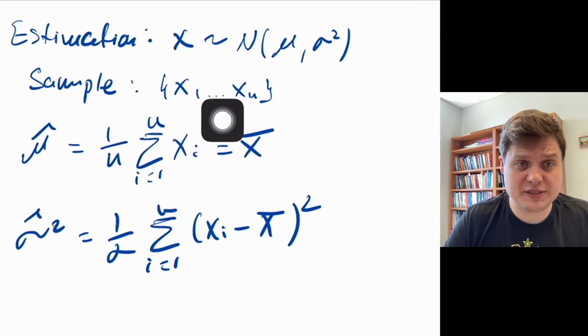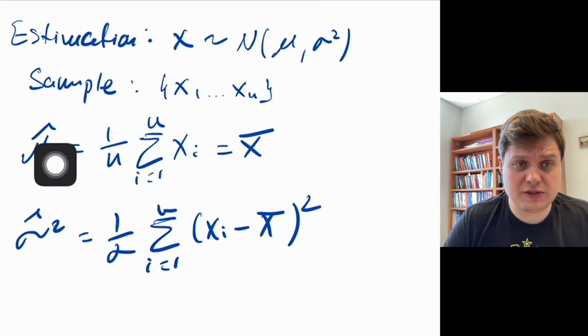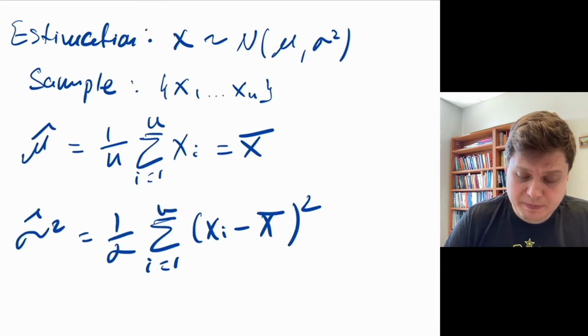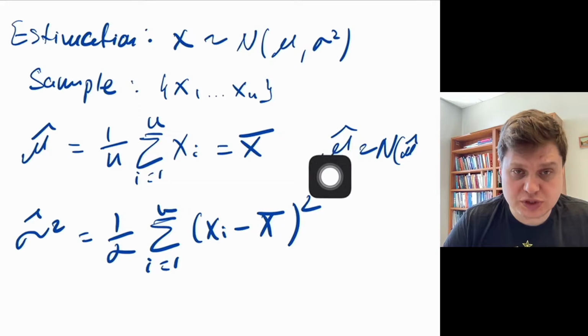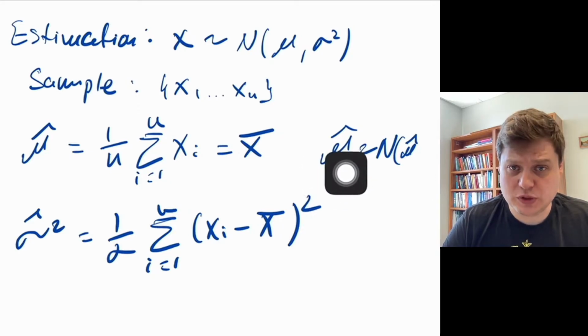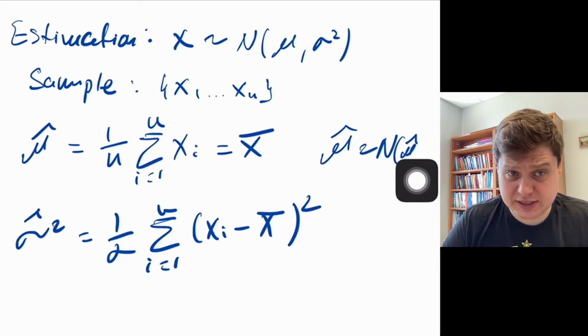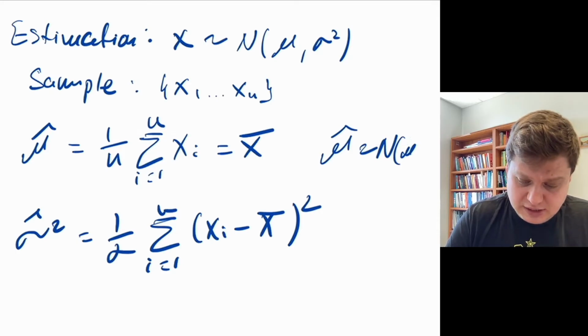If you give me a different sample, I'll recalculate those values and I'll get slightly different mu hat and sigma squared hat. But the central limit theorem allows us to say something about the distributions of those averages from one sample to another. You remember, if you take another mu hat, then it should follow a normal distribution, which is centered at this mu hat. Again, we have an abuse of notation here, so actually, let's not abuse the notation.